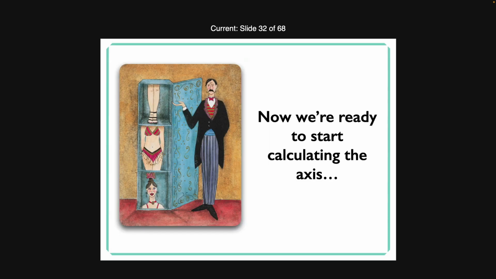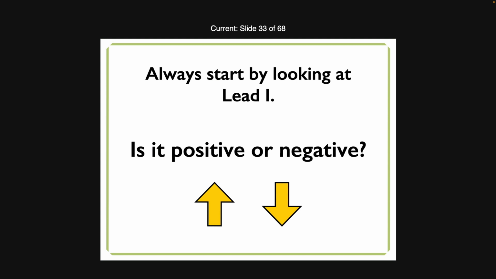So now we're ready to go. How do we calculate axis? It's really simple, okay? Always with this system, start by looking at lead 1. Is it positive or negative? And again, we don't care if it's really positive or only slightly positive. It's just, is it positive?